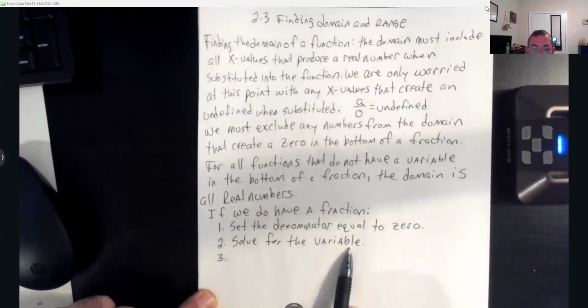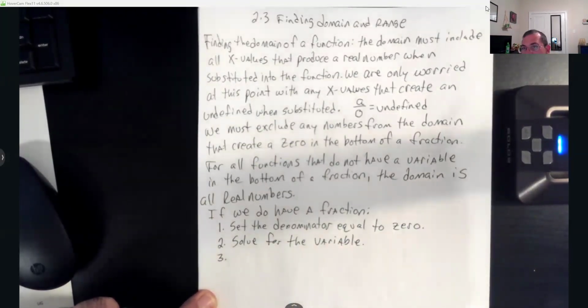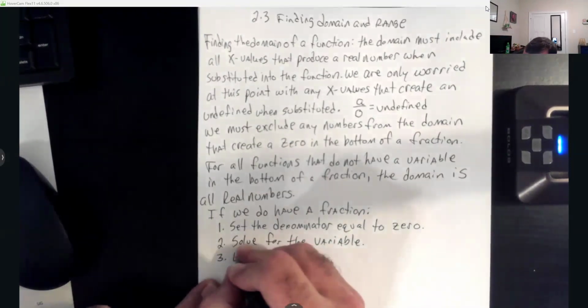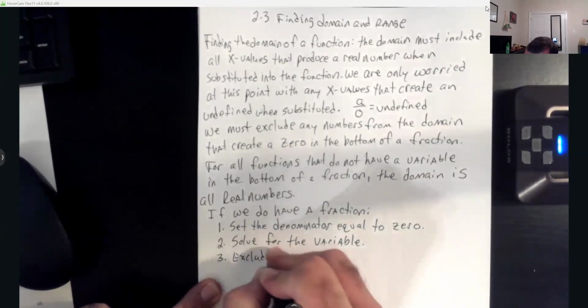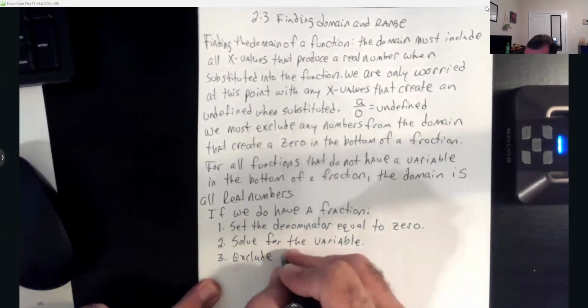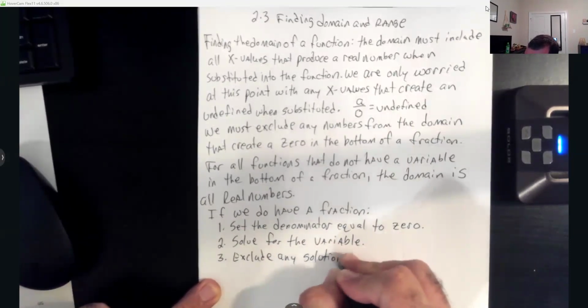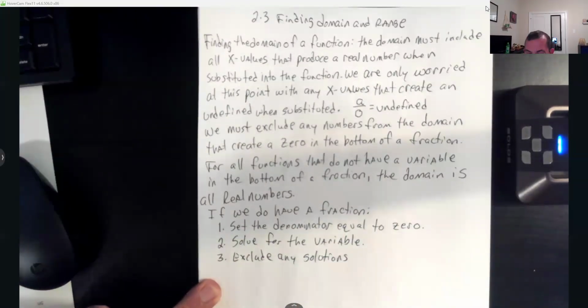And once I've solved for the variable, I will now have the solutions that made it equal 0. So at that point, we exclude any of these solutions from our domain.